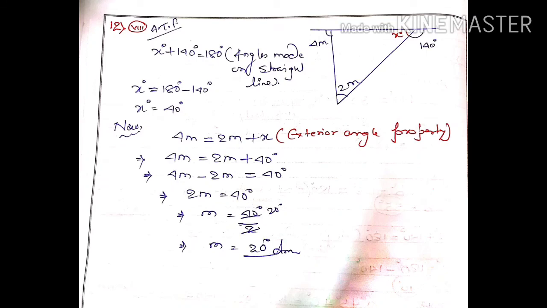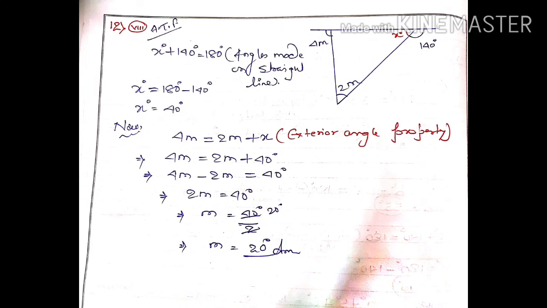Angles made on a straight line form a linear pair, therefore x is 40 degrees. Now we will do the same thing. 4m is exterior, so exterior is equal to the sum of its interior opposite angles, meaning 2m plus x. What is the value of x? 40 degrees. How is the value of x coming? By adding with 140, it is a straight line. Therefore 4m minus 2m is equal to 40, so m is equal to 20 degrees.